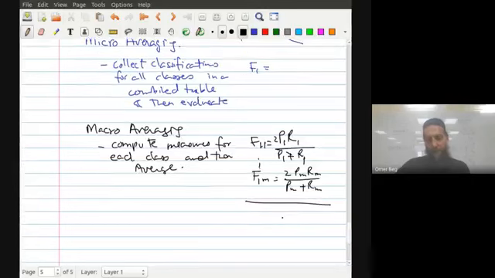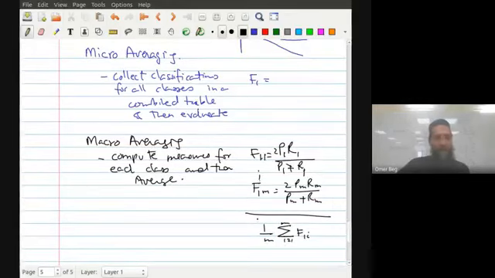So we sum them all up, F1 of I where I goes from 1 to M, and then we take the average, and that's macro averaging.